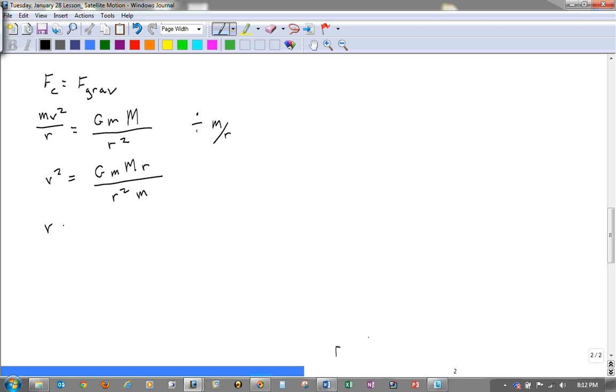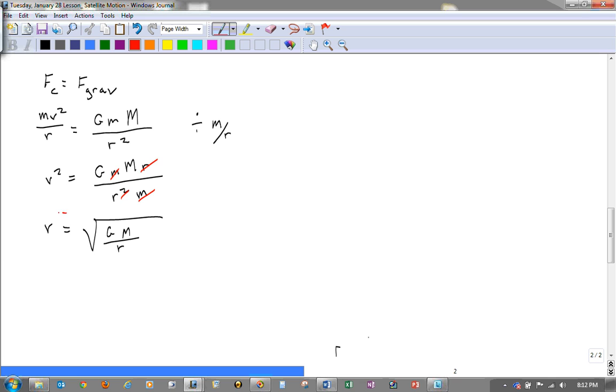Taking the square root of both sides, we have our first formula, but look what happens: the r cancels out the square, the little m's cancel out.